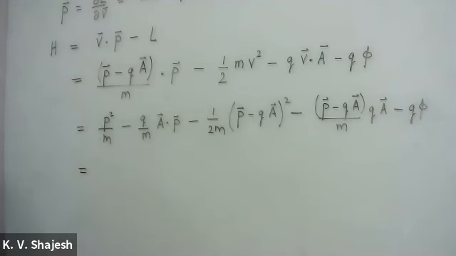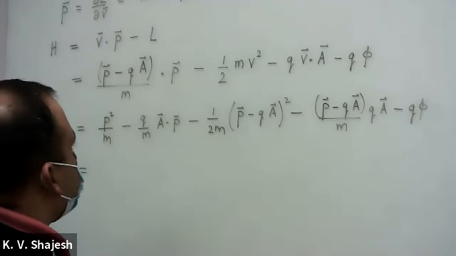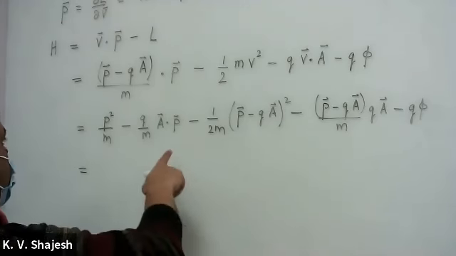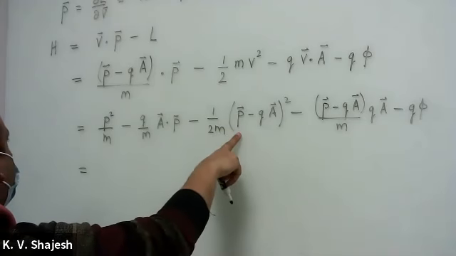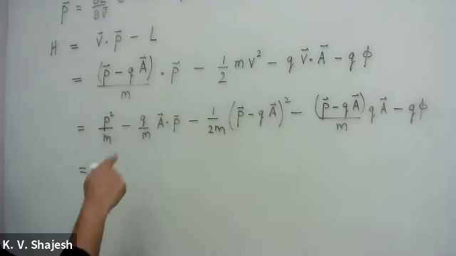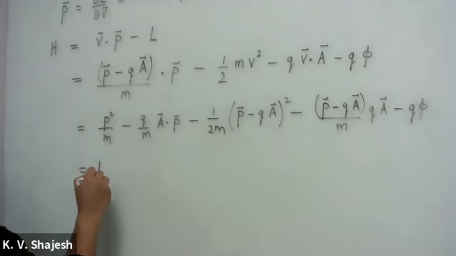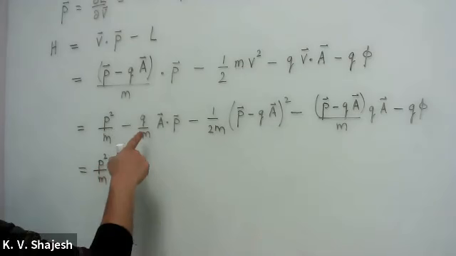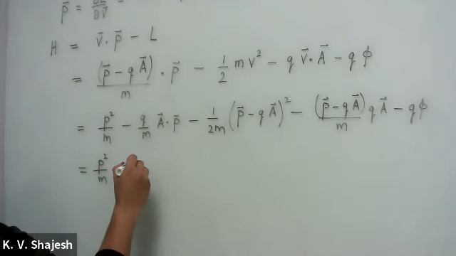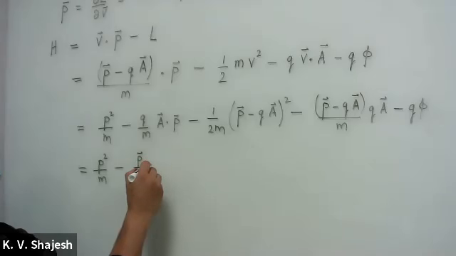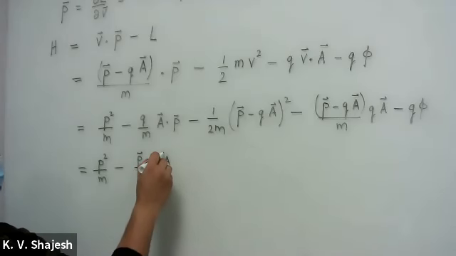So let's collect these terms. Okay, there's a p square over 2m here. Let me expand it all out. P square over m minus p over m dotted with q times a.